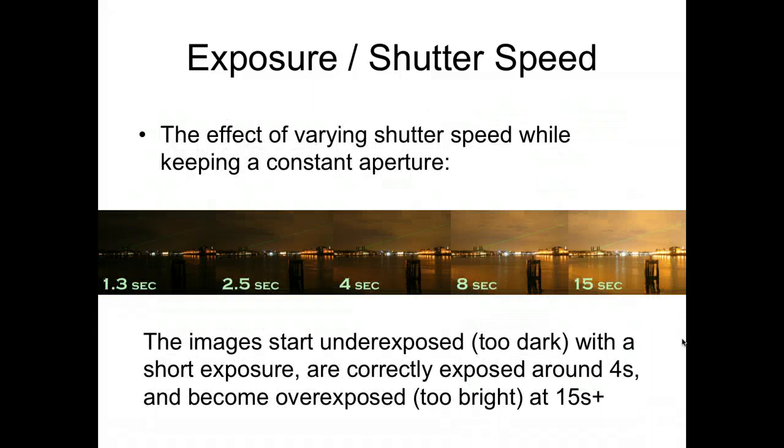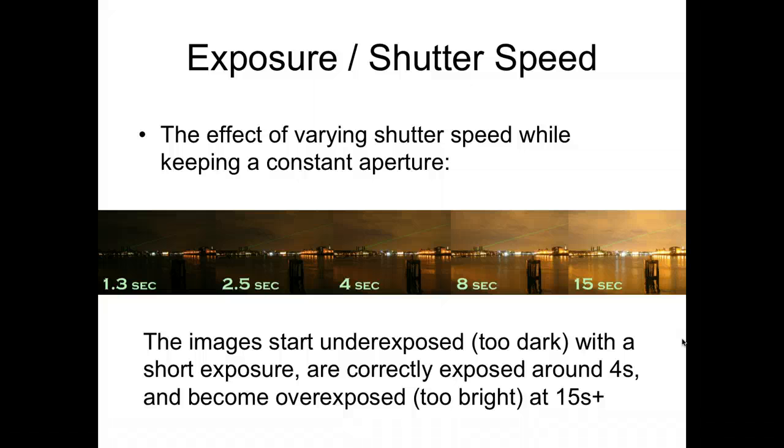The effect of shutter speed can vary, keeping a consistent aperture. So if we keep our aperture the same, you'll notice we have different exposures at different settings. We have 1.3 seconds for a shutter on the left side, and then we have 15 seconds of shutter speed over on the right side. When the image becomes too dark over on the left with a short exposure, that means that the photo is underexposed.